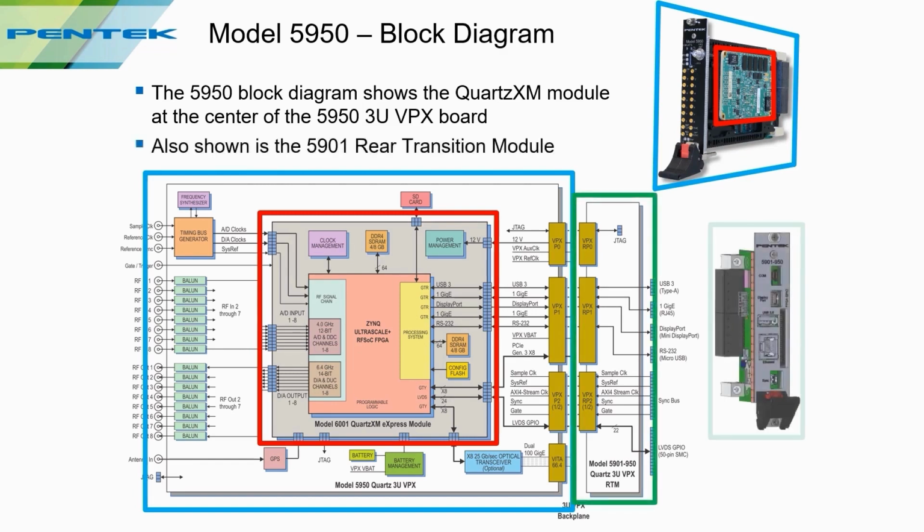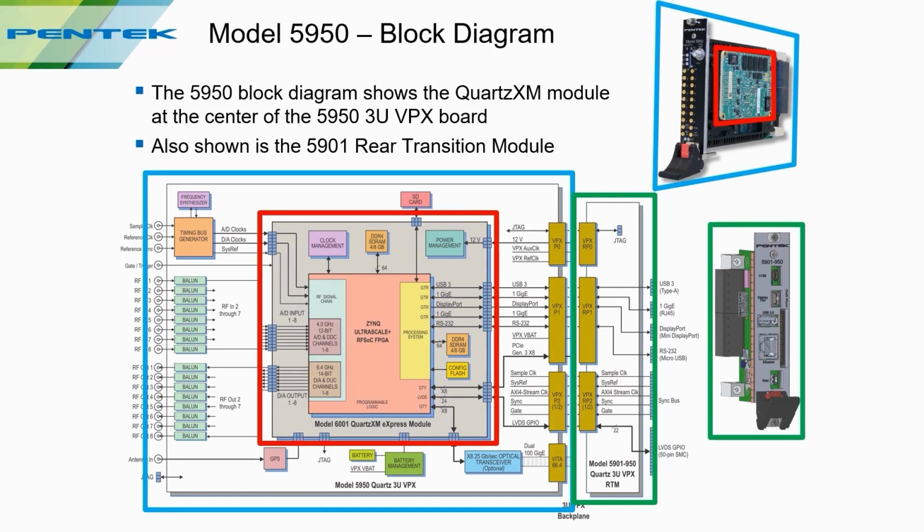Also shown is the rear transition module, or RTM, which is a common component in VPX systems. The RTM provides access to the processor peripherals, as well as some general purpose I/O, and access to our multi-board sync bus, which is for synchronizing A to Ds and D to As across multiple boards.